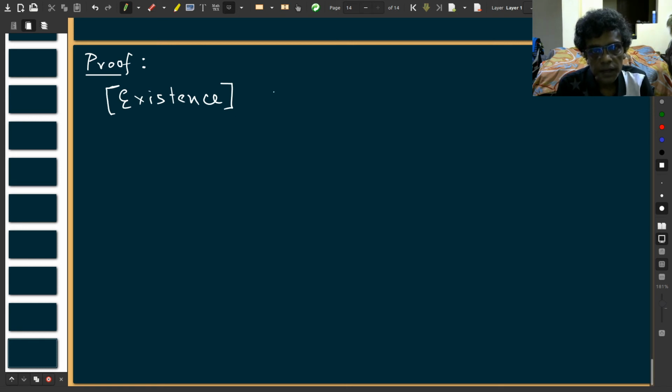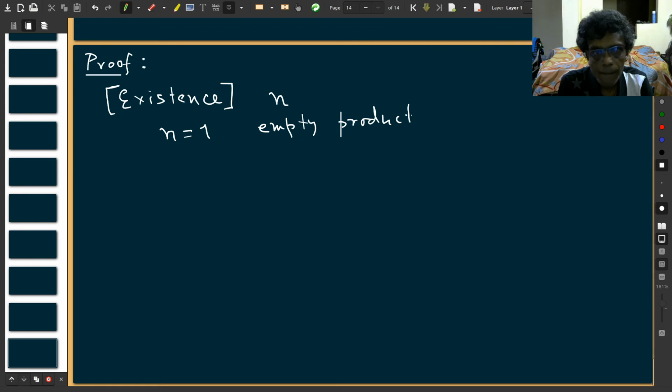So, let us take some positive integer n. If it is 1, then this is an empty product. Okay, so let me write n equal to 1, empty product. If n is prime, then also we are done.